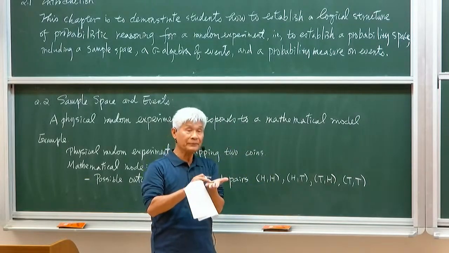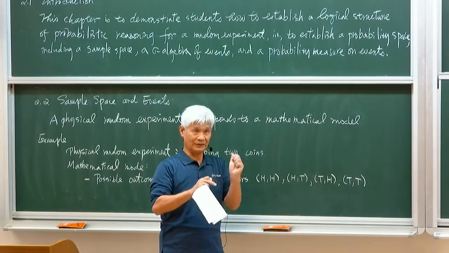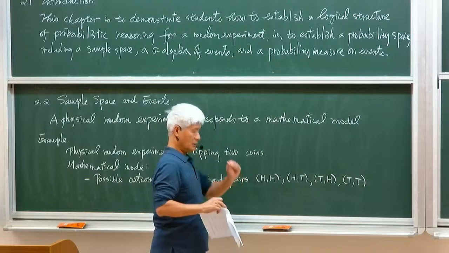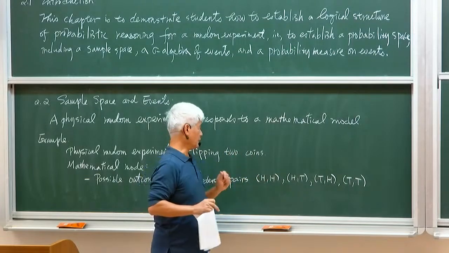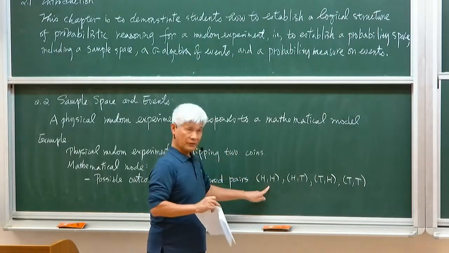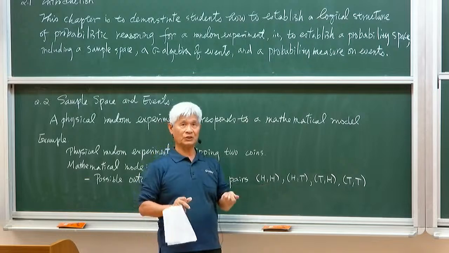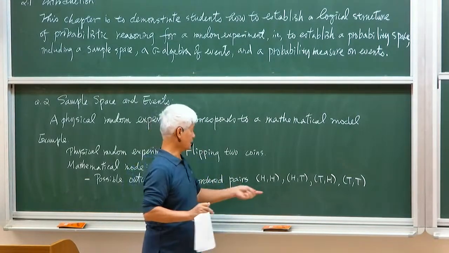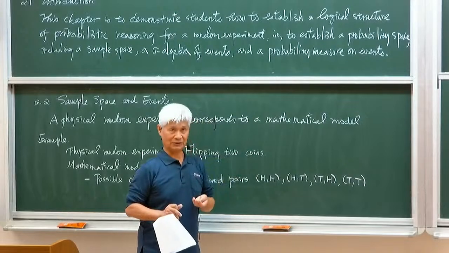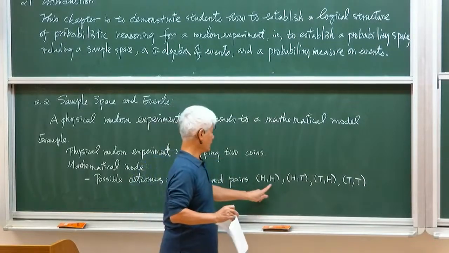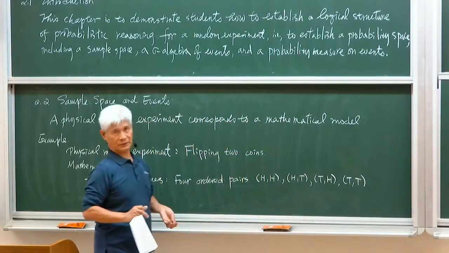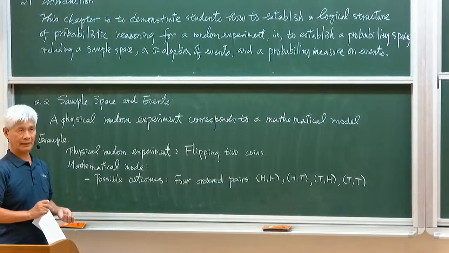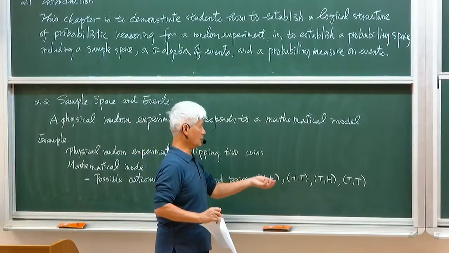You can label them the first and the second coin, and you do the random flipping of the two coins. So for this outcome, the first coin shows up a head, and the second coin also shows a head. And so there are four possible outcomes. Okay, so you should know that.